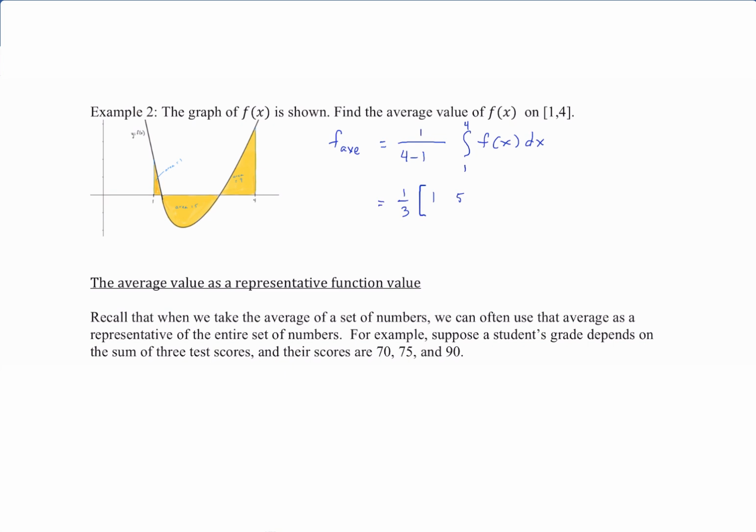And remember, areas below the x-axis are registered by the definite integral as a negative. And then last, we have more area above the x-axis. That area is 9. So the value of that definite integral we can see from the areas is 5. Therefore, the average value of our function from 1 to 4 must be 5/3.